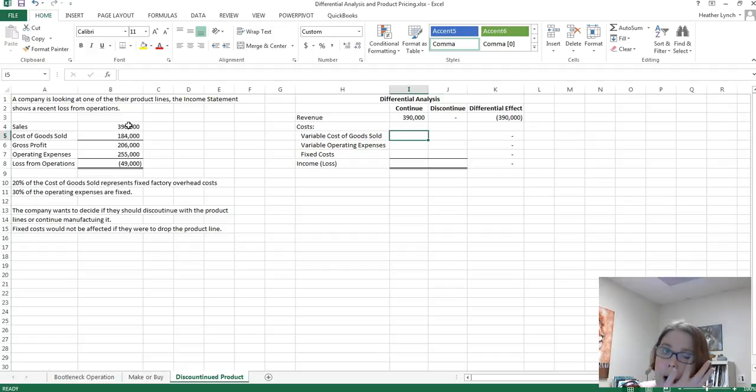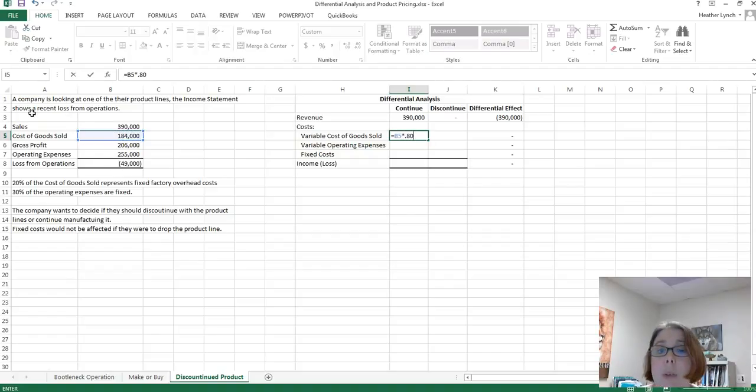So let's look at our variable cost. It said 20% of the cost of goods sold represents fixed factory overhead. Since I'm only looking at variable, I'm going to take the $184,000 and multiply it by 0.80 because 20% of that is fixed.